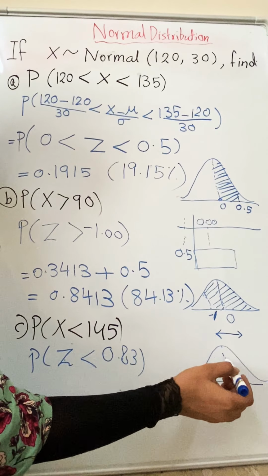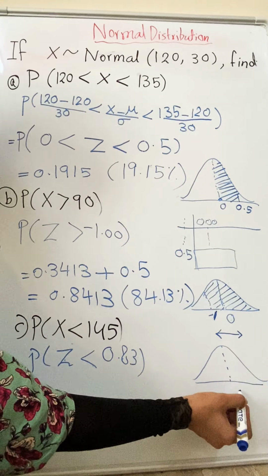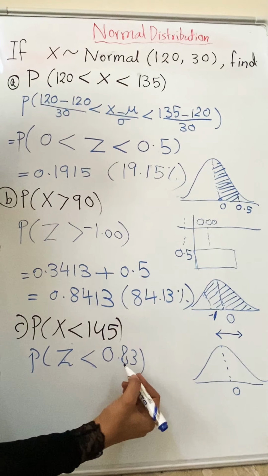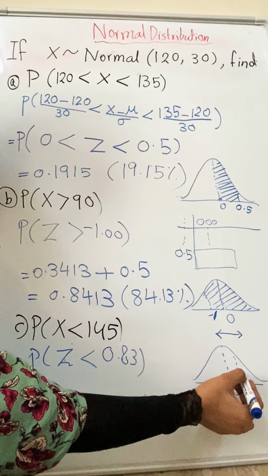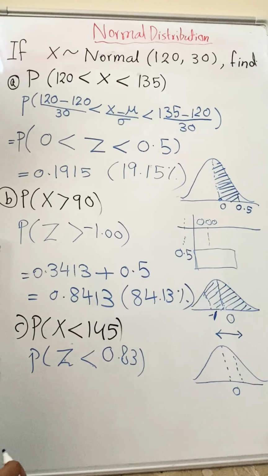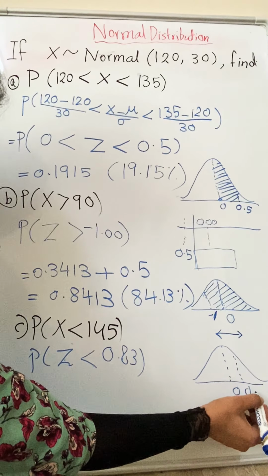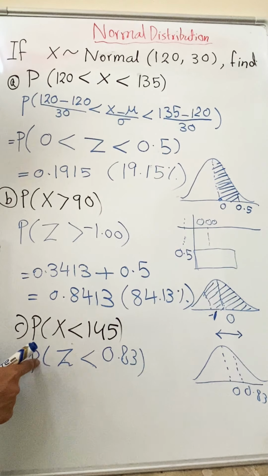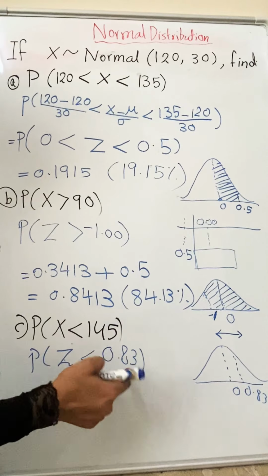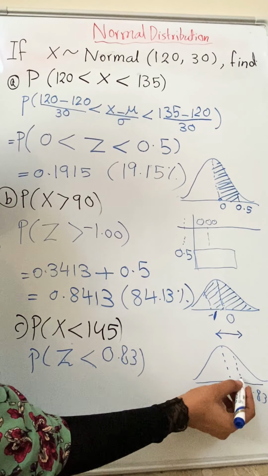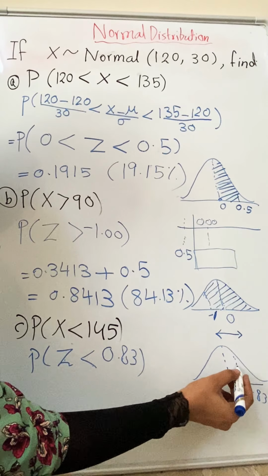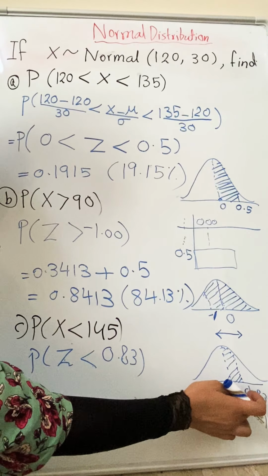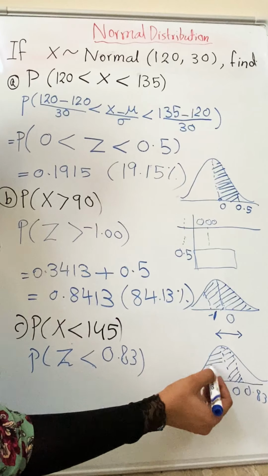So where is this number on the curve? In the middle we have 0 for the standard normal curve. 0.83 is a positive number, so it is on the right side of 0, somewhere here. If we say we want the probability of z less than this number, it means we want the left side, so from 0 to 0.83 and also including this area.